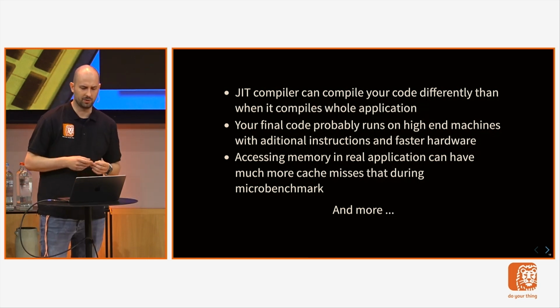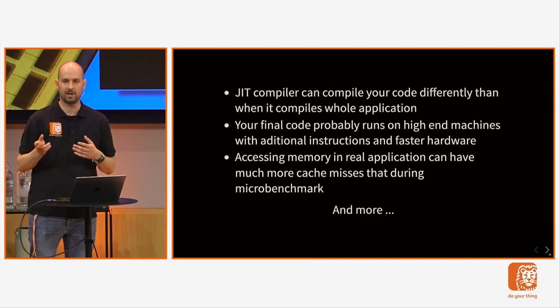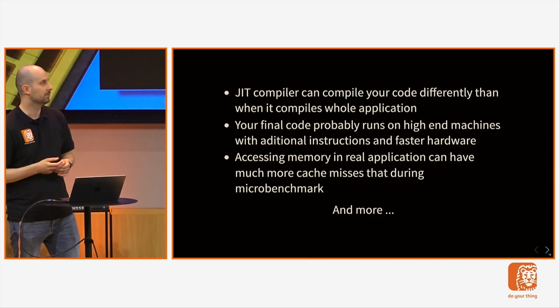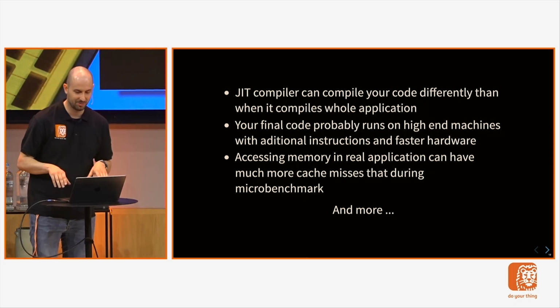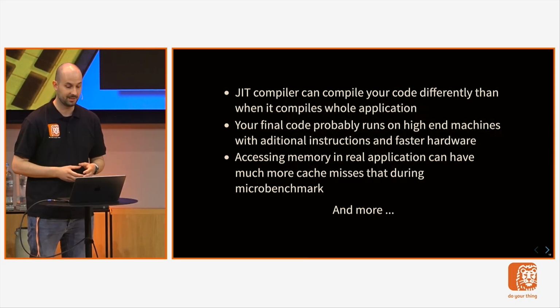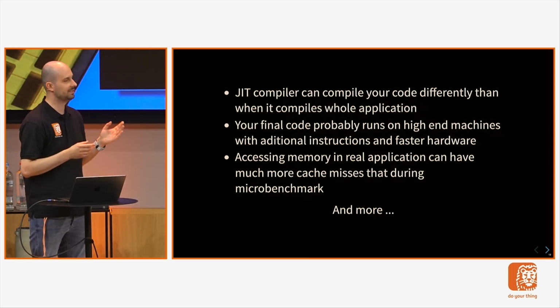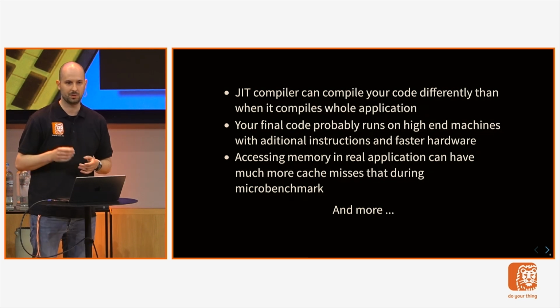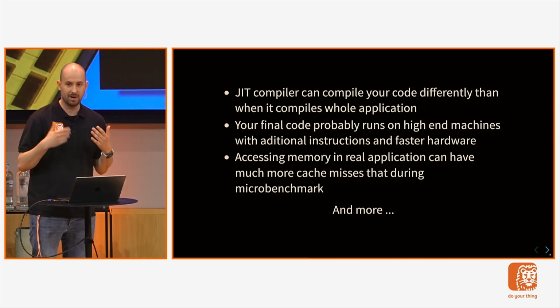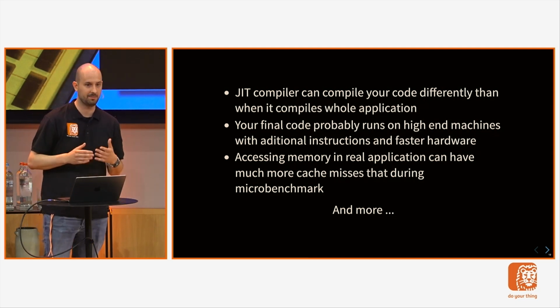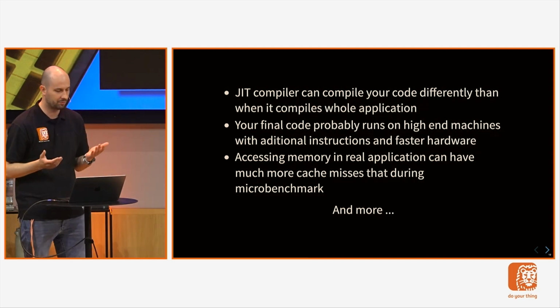Next, your final code probably runs on some high-end machines, and those are completely different than your MacBook, even if it's a virtualized environment. Probably it can have even a different set of instructions, so when you actually run it, it can be much, much faster, and this benchmark can give you wrong results.